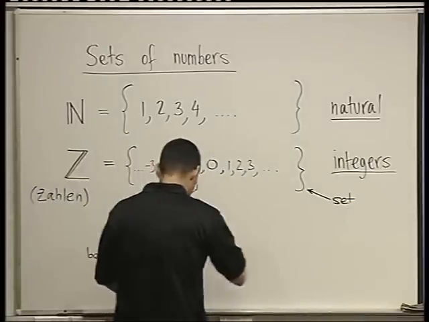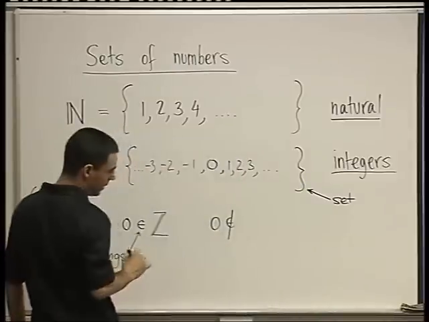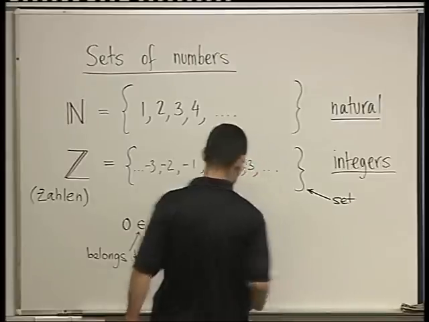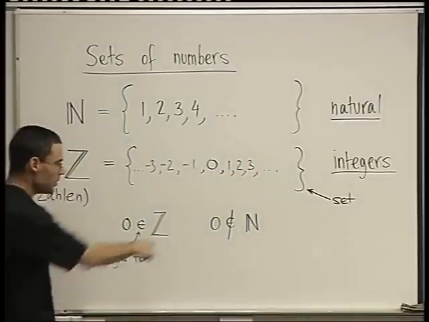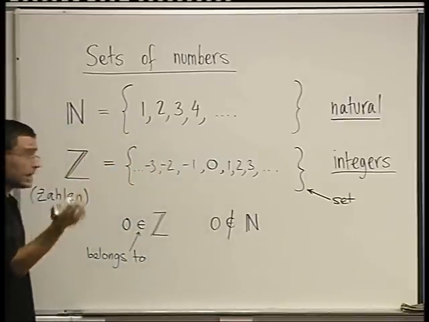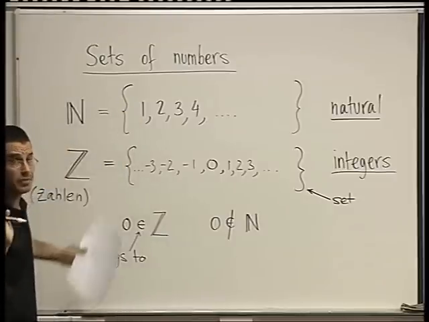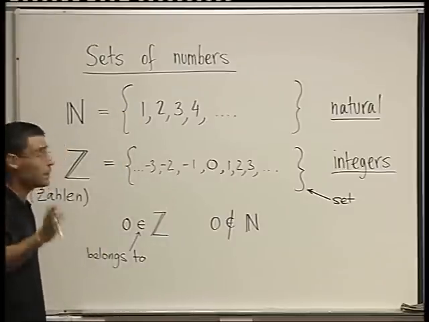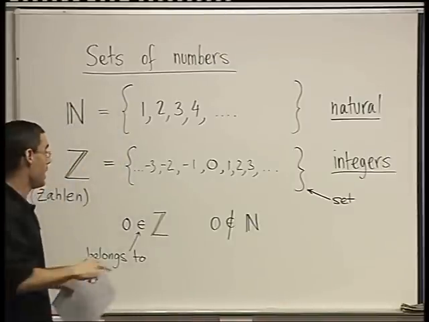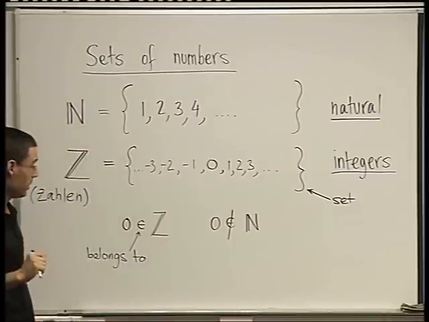Some more notation. 0 does not belong to the natural numbers. Do you agree? This is a bit controversial, by the way, because in various places, the natural numbers are taken to include 0. It's a matter of convention, and there's no agreed on convention. So some people consider 0 as a natural number, and I will stick to the convention that it's not, that it's an integer but not a natural number.